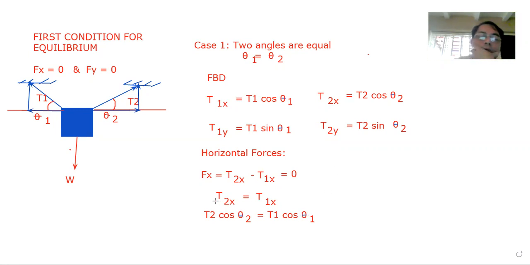Now, what can we conclude here? If theta 1 and theta 2 are actually equal, so if we will substitute the value there. So what is the implication if the angles are the same? Then the tensions will be the same. So sa horizontal forces, we can conclude that ang tensions natin, when the angles formed are equal, the tensions will end up to be equal as well.